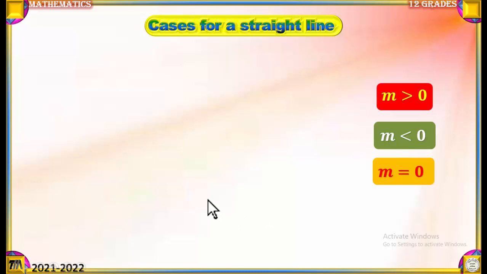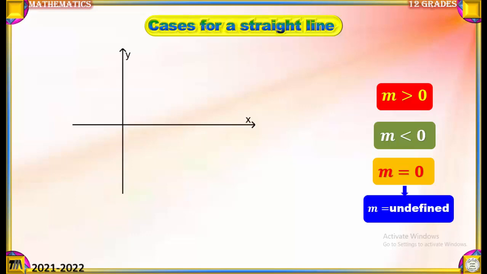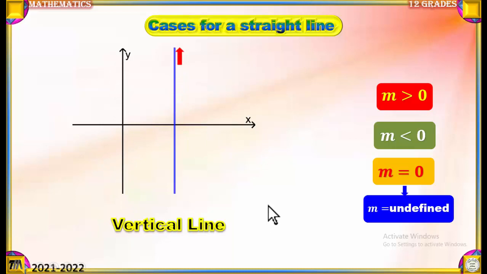The fourth case is when m is not defined, or m is undefined. This line will be parallel with the y-axis or perpendicular to the x-axis.